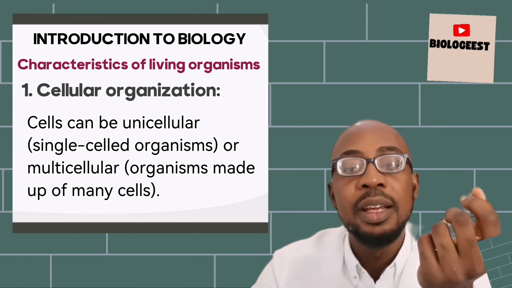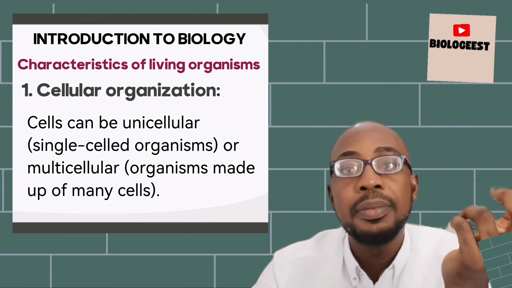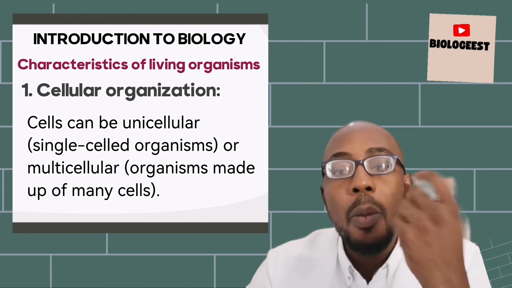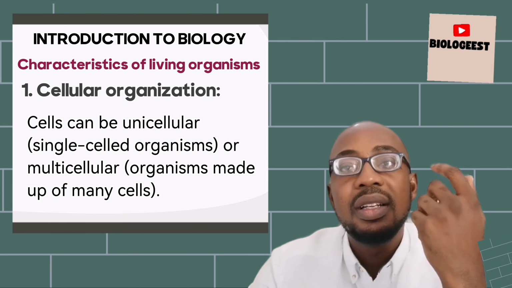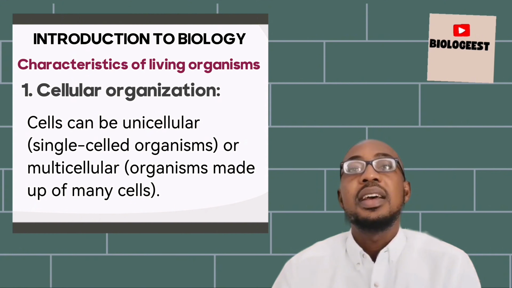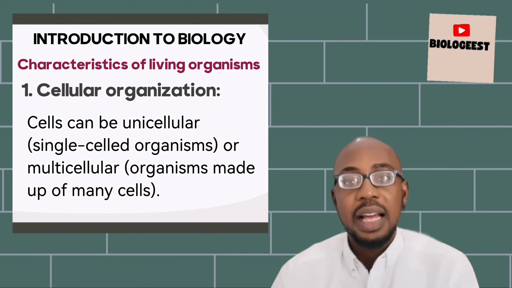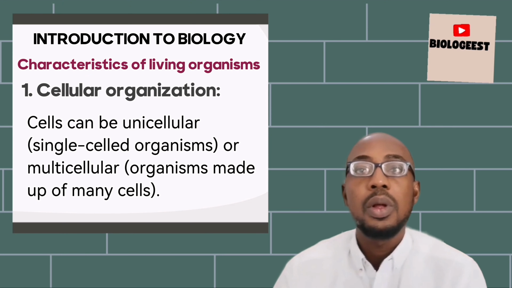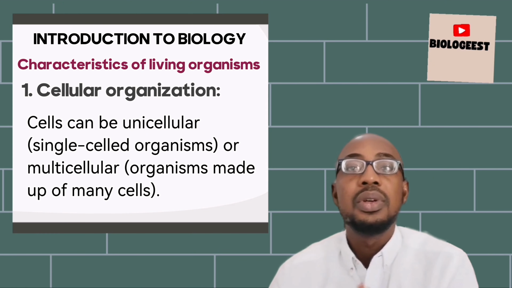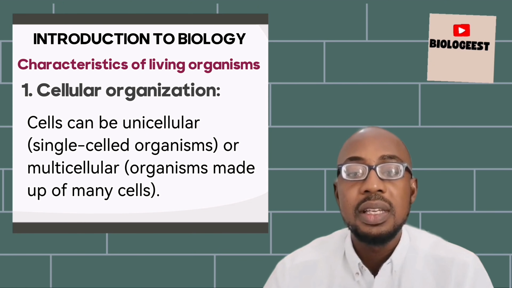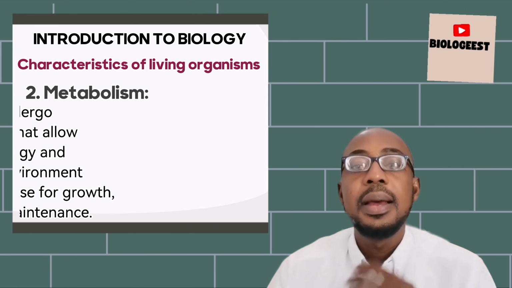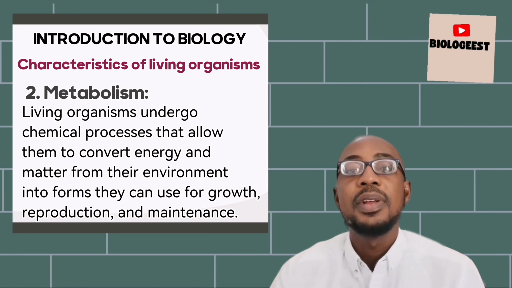Cells in organisms can be unicellular, that is, single, or multicellular, that is, many cells. So organisms can either be single-celled, that is, unicellular, or have multiple cells, that is, multicellular.